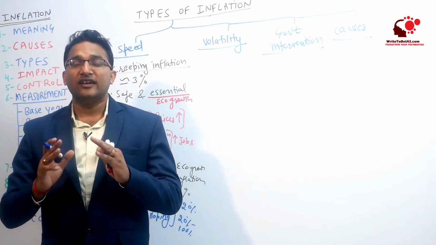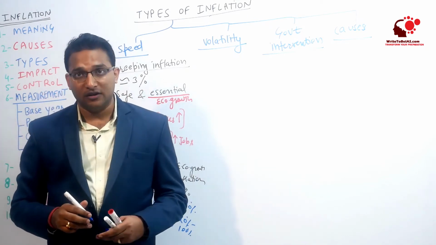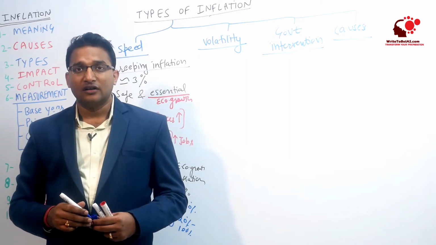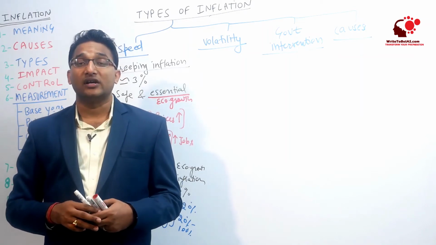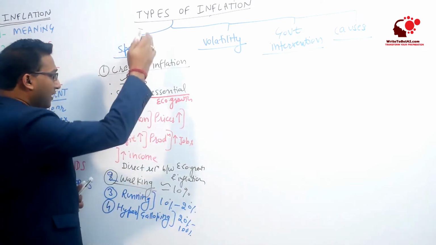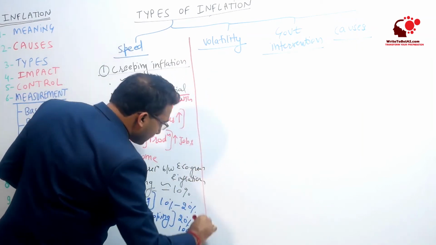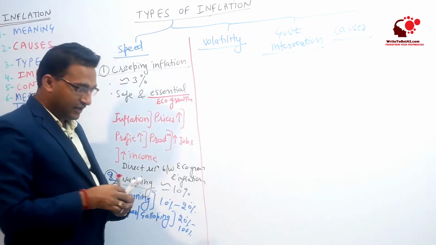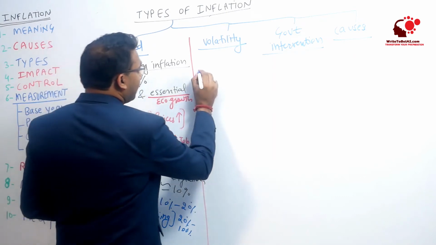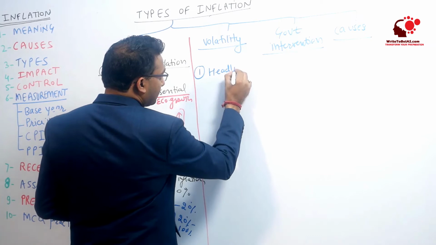This is the inflation which will absolutely collapse the entire economy, right? So this is the most dangerous kind of inflation. So this was all about inflation based upon the speed. Now the second category is inflation based upon the volatility. Based upon the volatility, the first category is headline inflation.